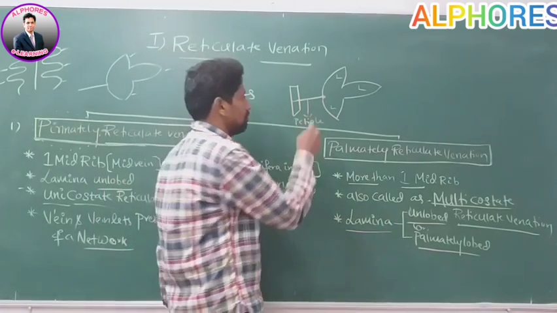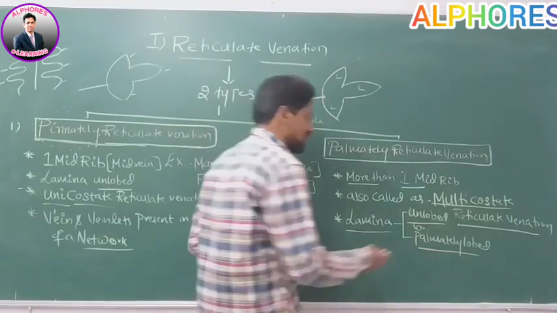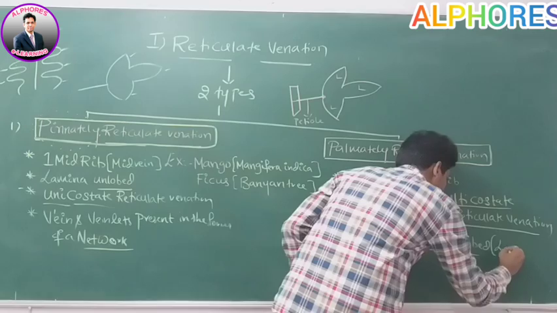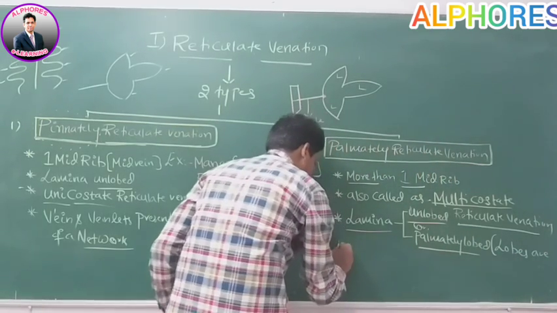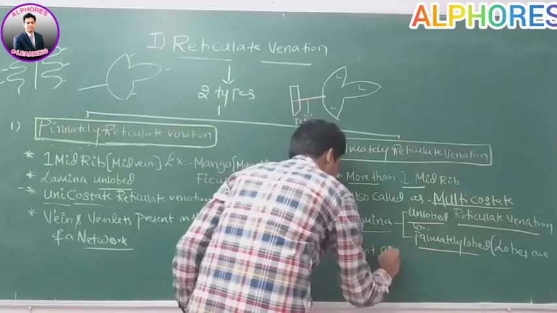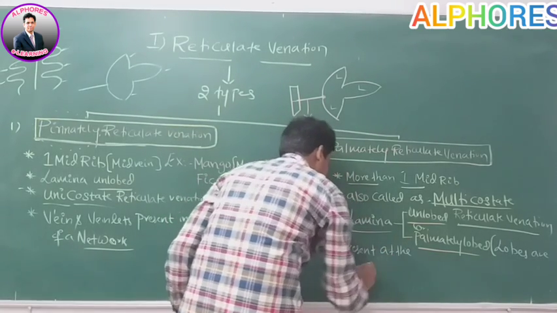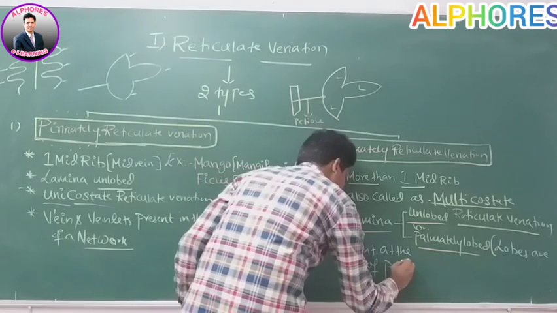Therefore, what is the meaning of a palmately lobed leaf, sir? Palmately lobed leaf means lobes are present at the tip of the petiole.